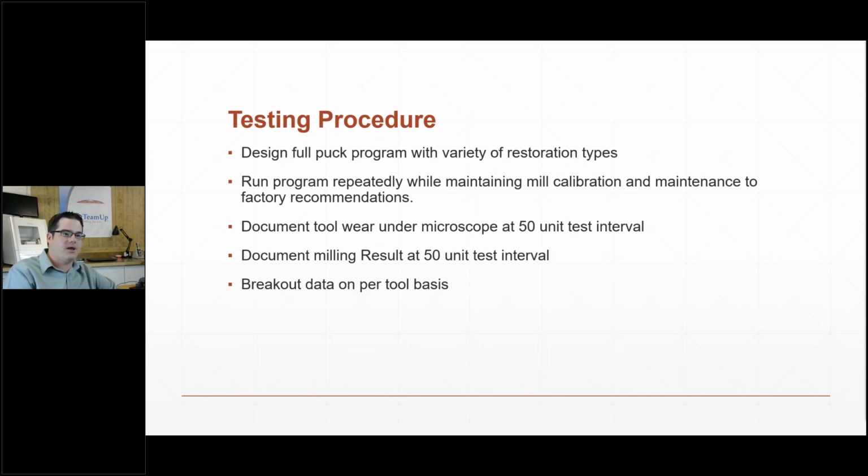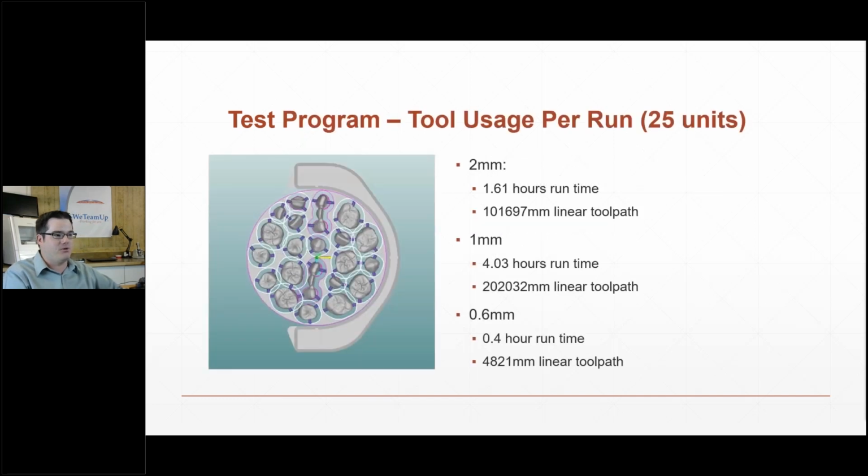What we did is design-nested a puck, 25 units, and ran it over and over and over again, and then broke out everything per tool, which is actually kind of fun because it's interesting to see how things progress. This is the test program, and it's broken down by tool. So this is kind of an interesting thing to think about when you're thinking about tool wear.